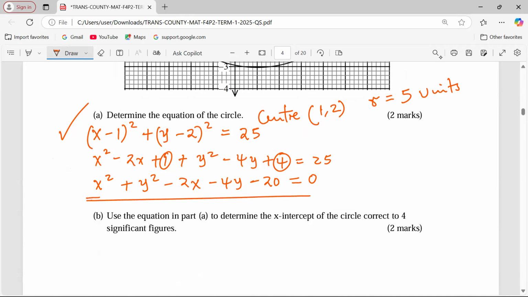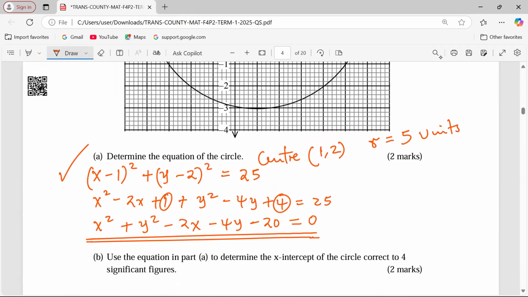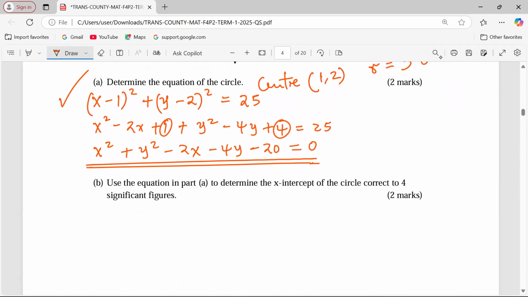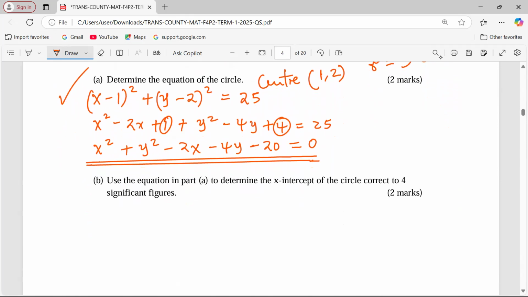But in this case, where the format has not been dictated, then the first statement is already correct. So that is how we approach that part. In part B, use the equation in part A to determine the x-intercept of the circle correct to 4 significant figures.